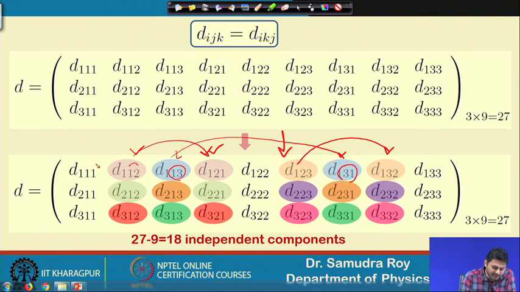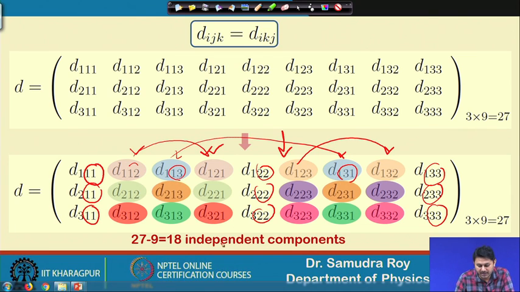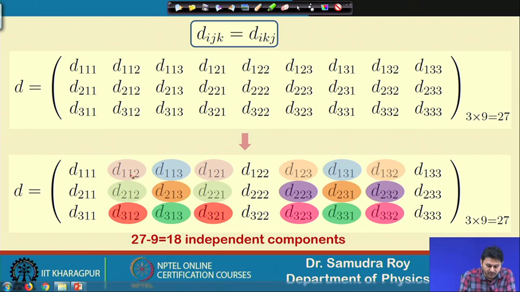But note that the components 111 will not change, because even if you interchange, it remains the same quantity. Here also 333 will not change, and 222 will not change. So, how many independent components do we now have after using this permutation symmetry? The answer is 18. How many components are there? 9 here and 9 here.